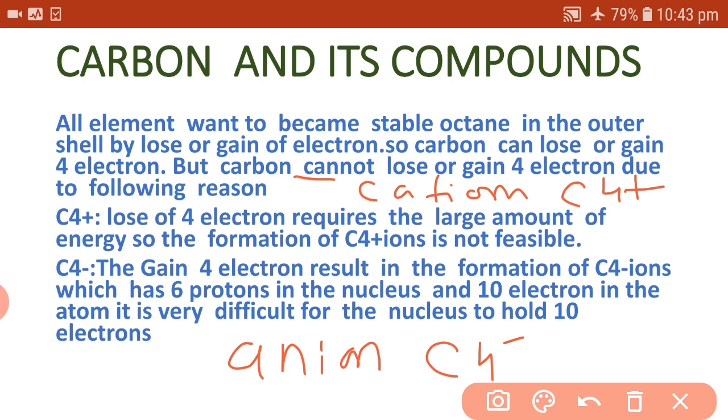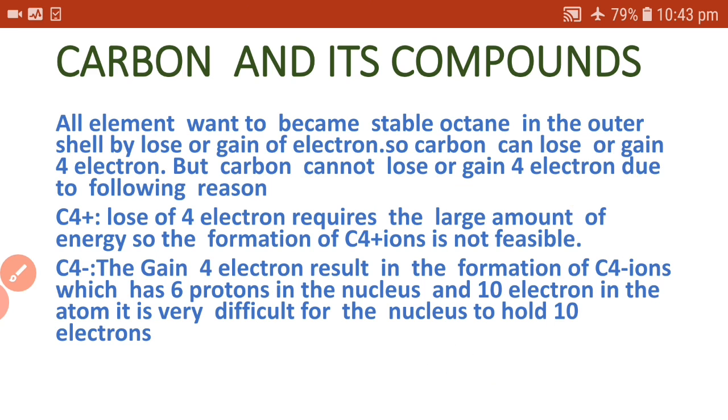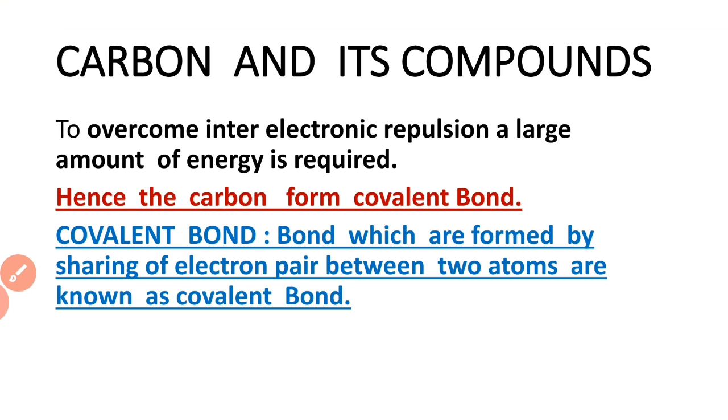Now the 6 protons cannot hold the 10 electrons in this case, because the inter-electronic repulsion will be very high, and to overcome this inter-electronic repulsion, a large amount of heat is required. So, because of this reason, carbon cannot gain 4 electrons.